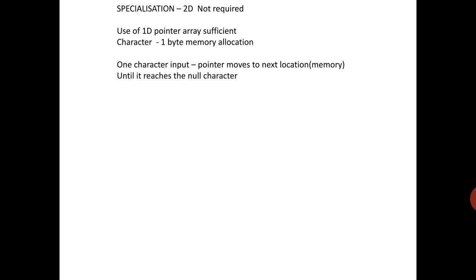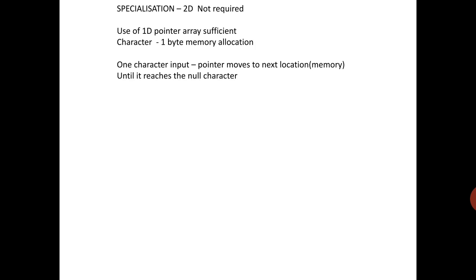The main reason behind this is, as a character occupies only 1 byte in memory, with the help of pointer arithmetic it will move just one position, that is, to the next cell immediately. That is why here I am making use of only a single dimensional array, one character, one input.